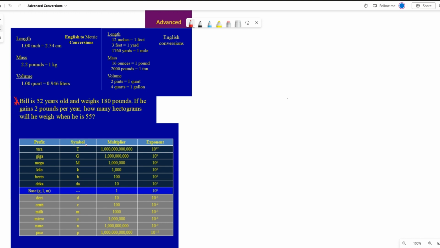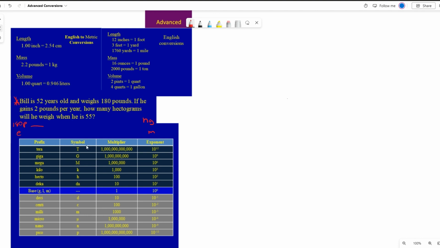All right, the first thing you want to do on a problem like this is sketch out what you're going to do and what you need to find. Ultimately, we need to find hectograms, and that is a metric unit. We need to go from 180 pounds, which is an English unit.